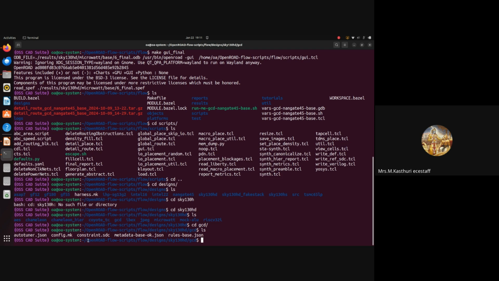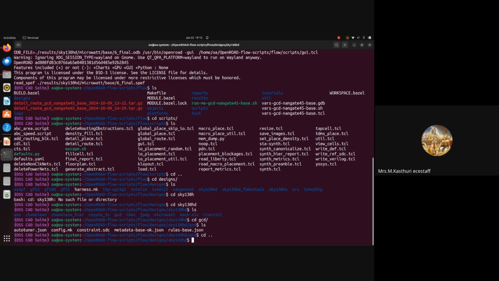Here, only our constraint file and config file will be present for the current technology we have written. Likewise, if you want to create your own RTL code, you can create it, and you have to give the required constraint file and config files. After you have created your code and given the correct constraint and config files, you have to mention it in the makefile which I had shown earlier.